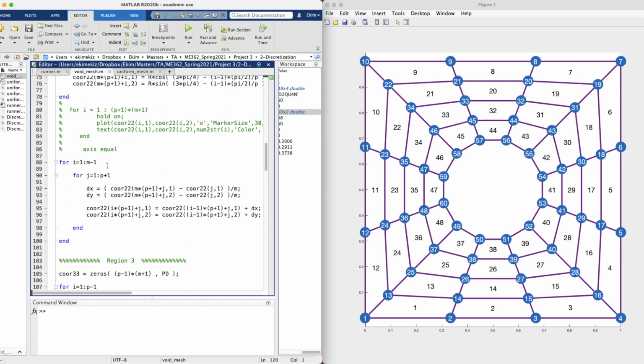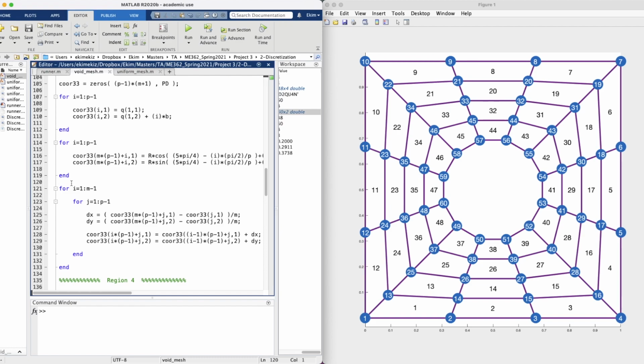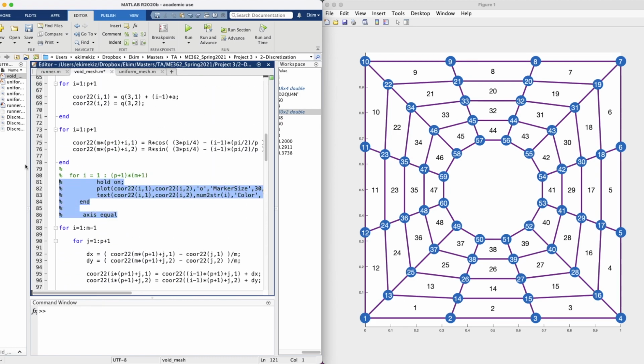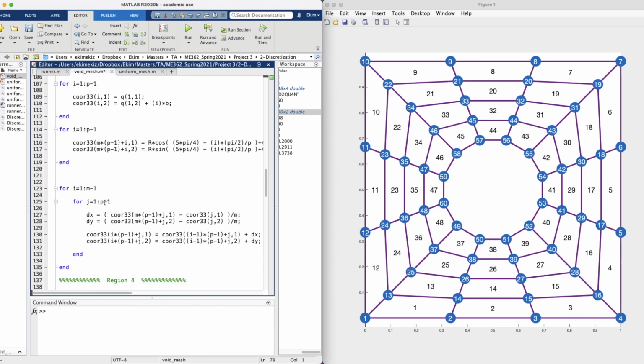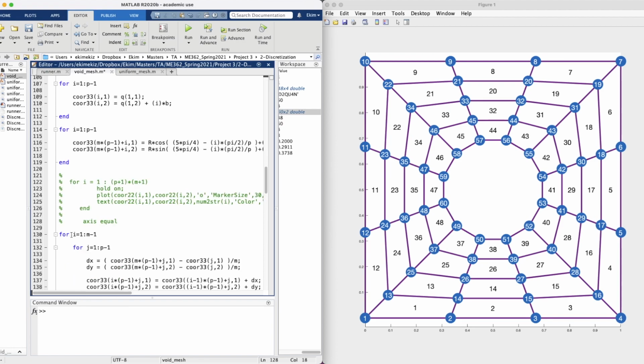And then let me plot this again here, so we see what we are generating. These will be 3 now. And this should be minus 1. Okay.